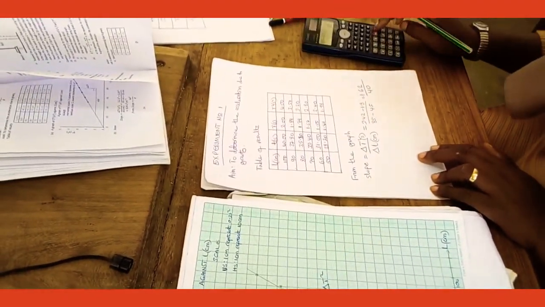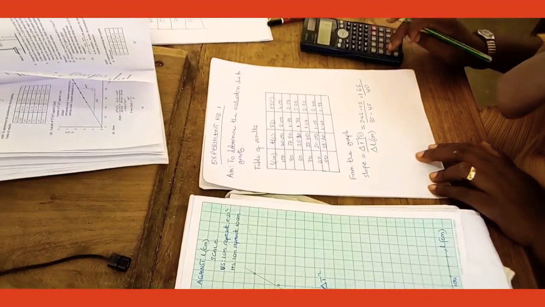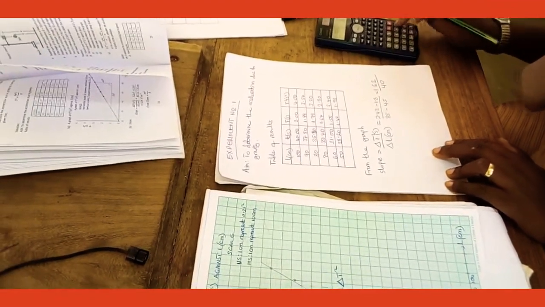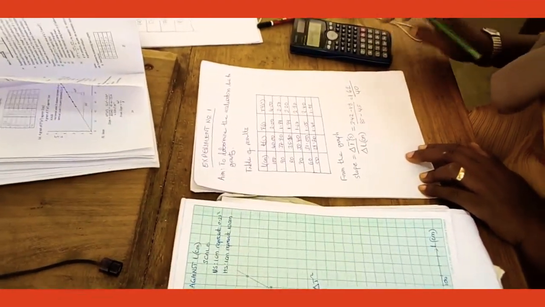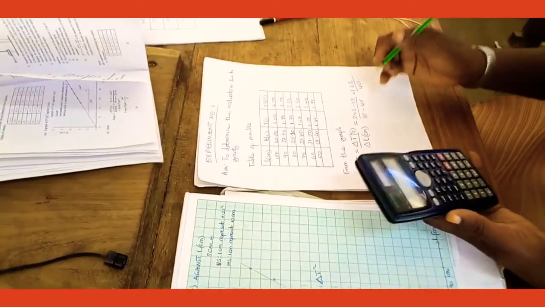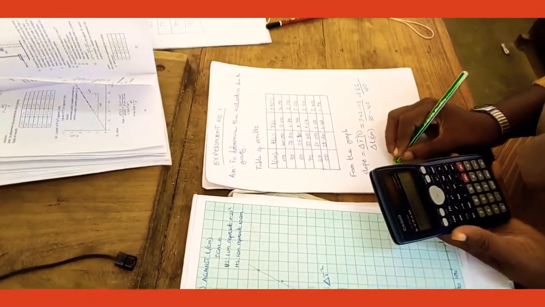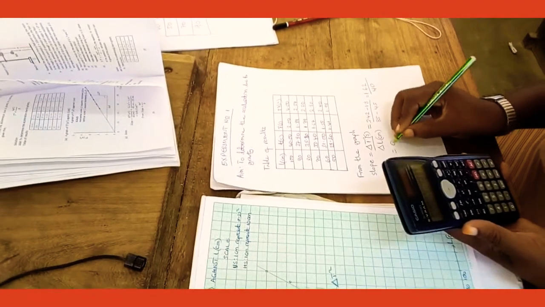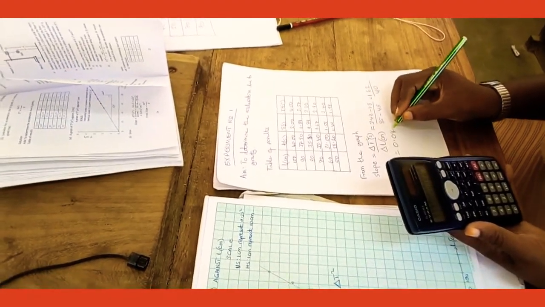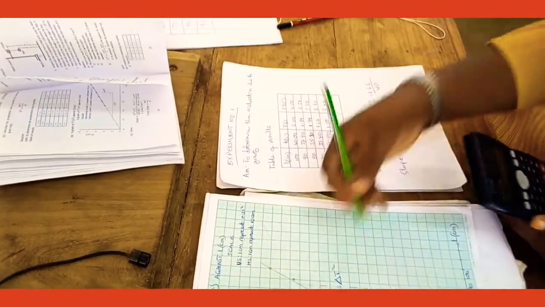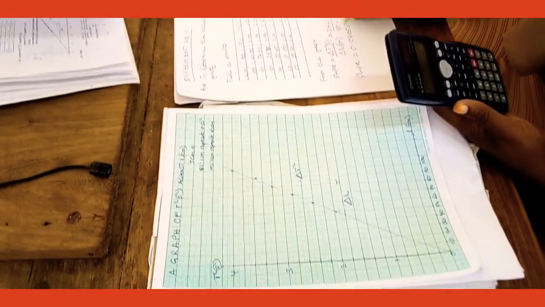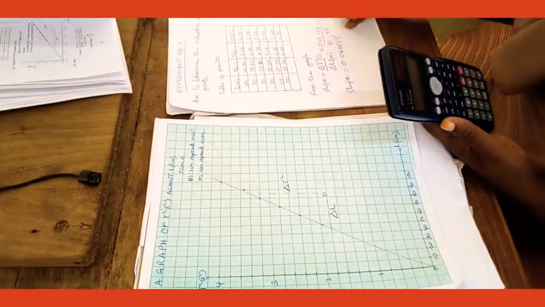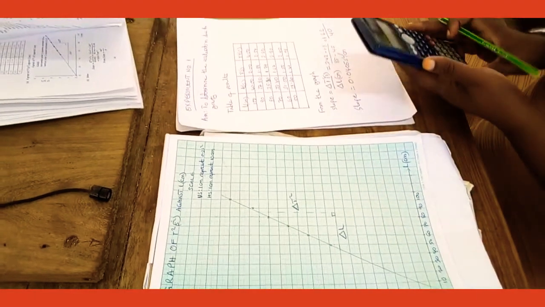So the value you have is 1.62 divided by 40. The slope is equal to 0.0405. This is second squared per centimeter.